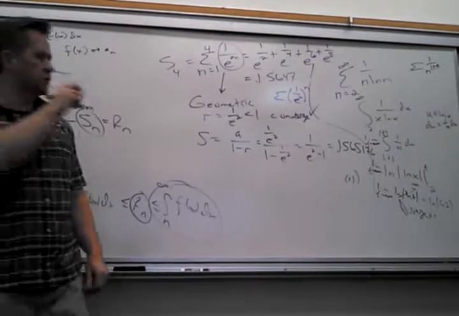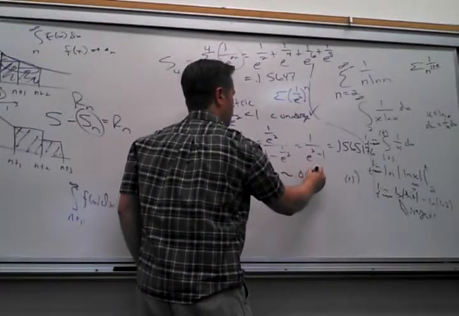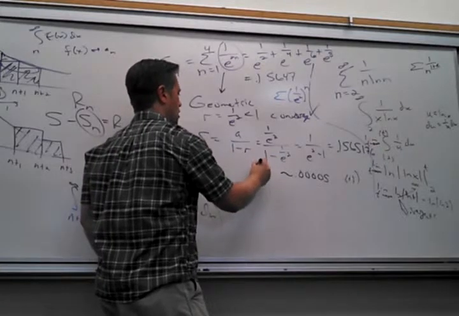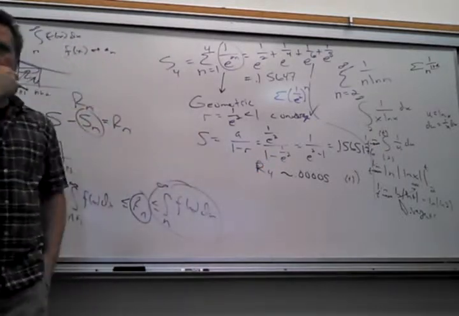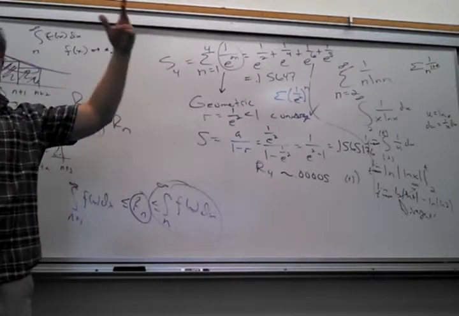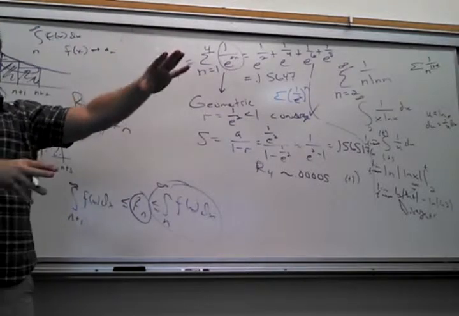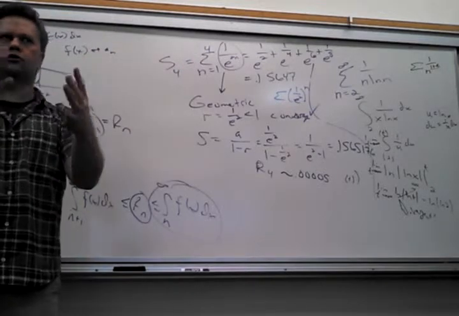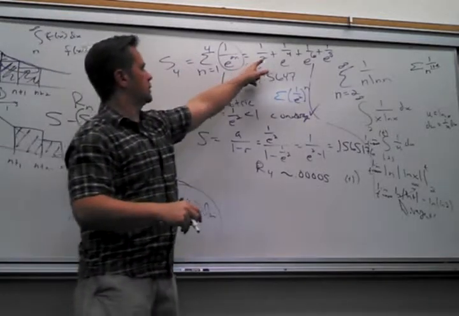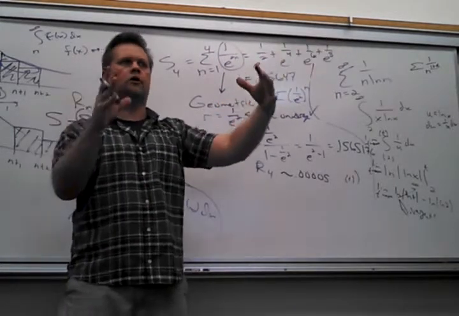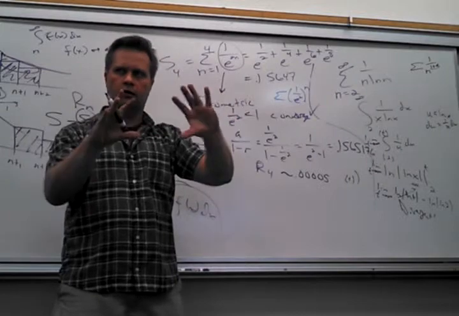So the error here, the R4, using only the first 4 elements, is about 0.00005, roughly. Since 1 over e squared is going to get small real fast, I didn't need a lot of sequence elements to get really close to the sum. You with me? The slower this goes to 0, the further out I've got to go to estimate where it's going. Think about that. That only makes sense.